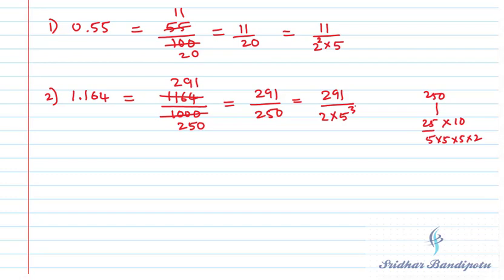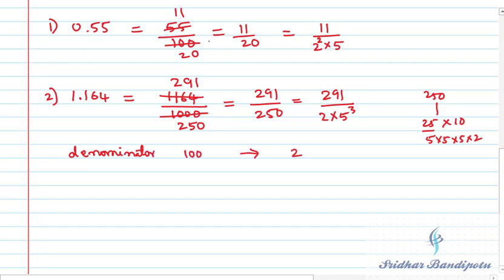And we know how to write non-terminating repeating decimal into P by Q form, that was discussed in grade 9th, right? Now here, if you observe these 2 examples, 0.55, when you are converting into P by Q form, initially you got the denominator 100, and later we did some cancellation here and you got 2 square into 5 as denominator.